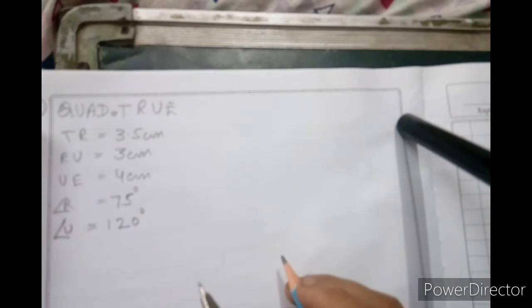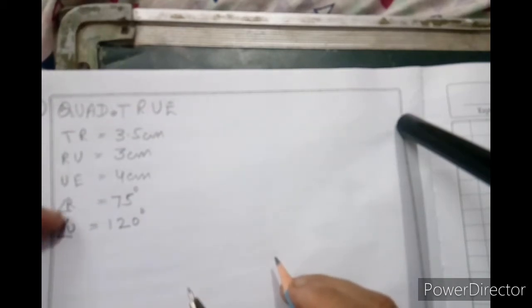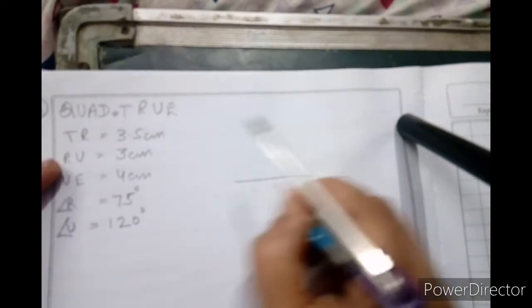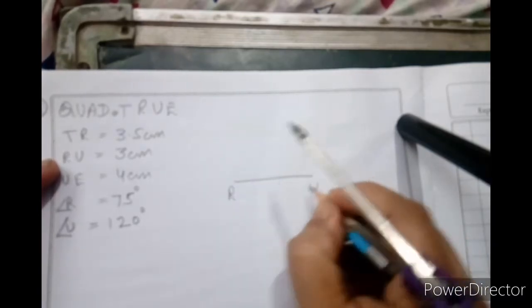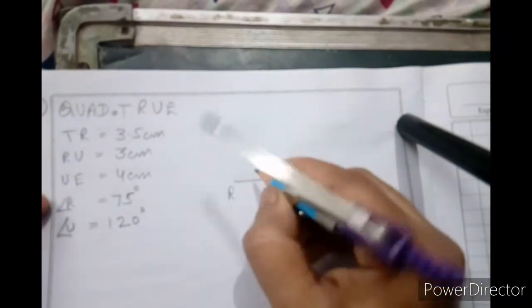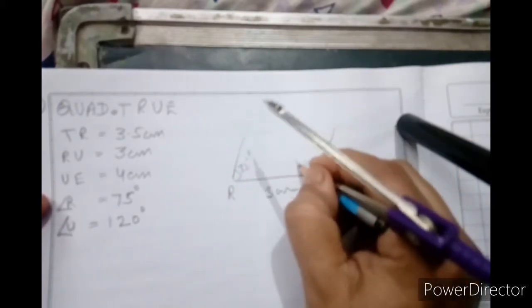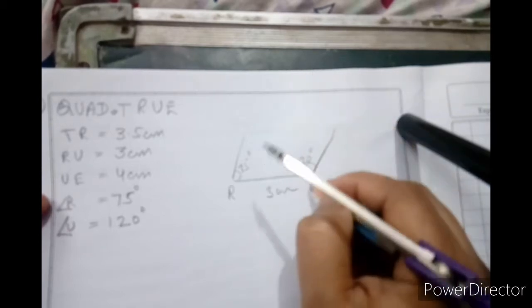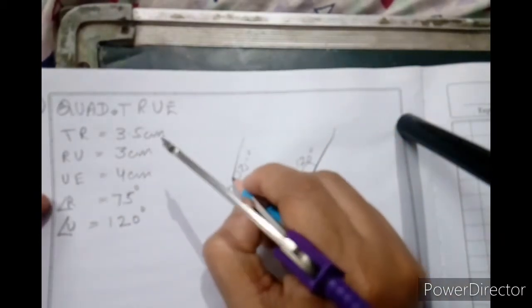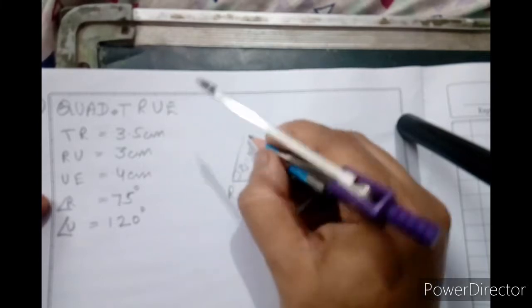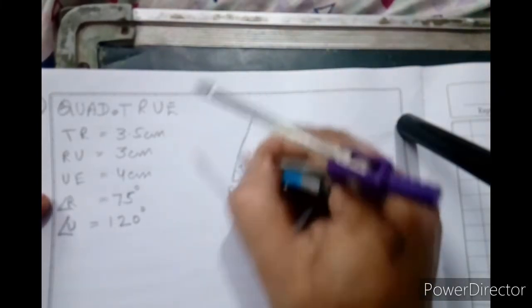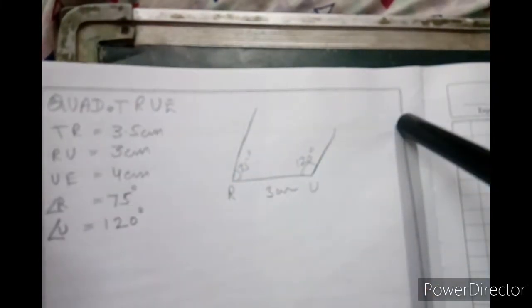Now question number two is, you have to construct a quadrilateral. Name is TRUE. Now angle R and U are given. So I will take RU on the base, RU 3 centimeter, angle R 75 degree and angle U 120 degree, obtuse, bigger than 90. Draw the rough in somewhat the same position.